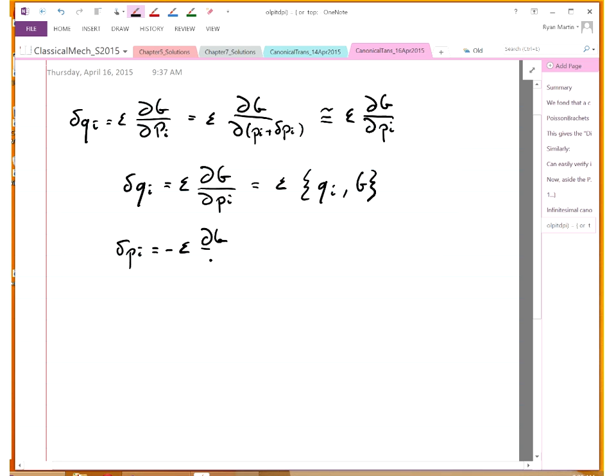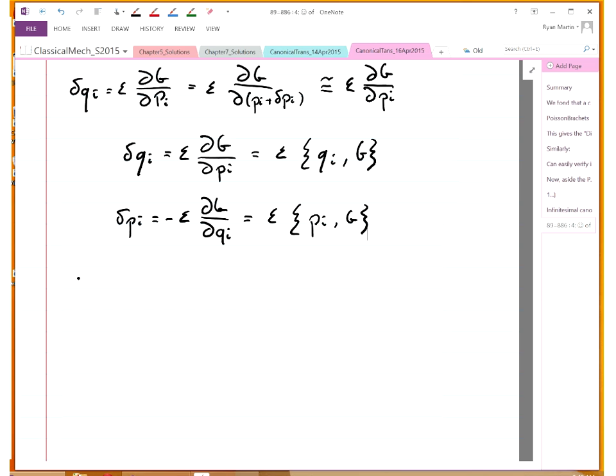And similarly, the delta pi that we had on the previous page was equal to minus epsilon ∂G by ∂qi. Again, that's equal to epsilon times the Poisson bracket of pi with G. If you take the Poisson bracket of pi with G, you get ∂G by ∂qi. That's very easy to prove.